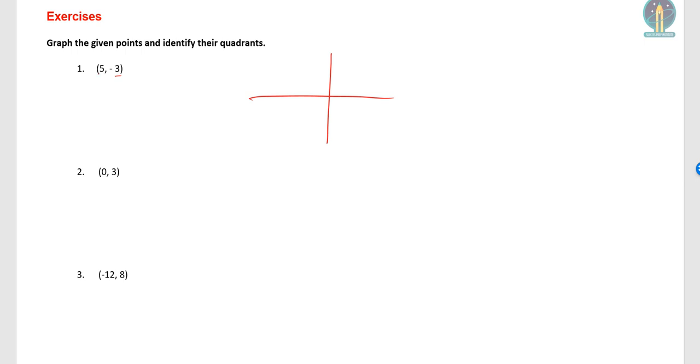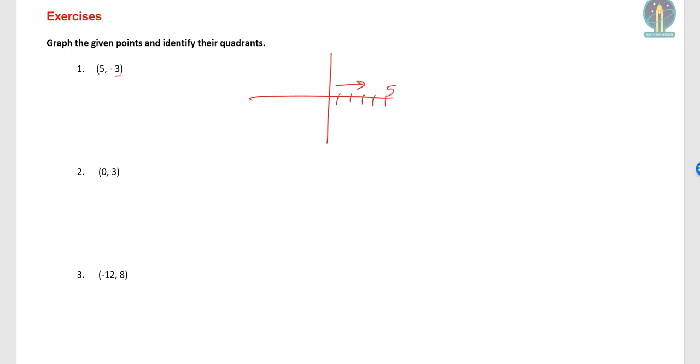So I have 5 on x and minus 3 on y. Let me count 5. So plus 5, I'm going to go in this direction, counting 1, 2, 3, 4, 5. So this is 5 on x.